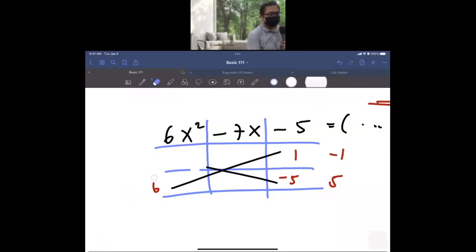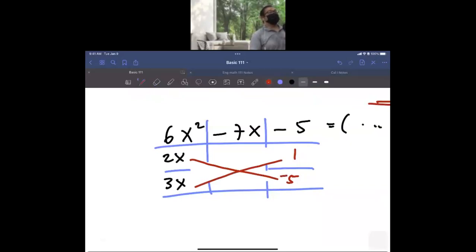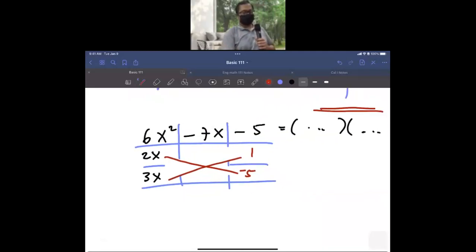So let's say we have 2x and 3x, and let's say we have 1 and -5. Maybe start with the wrong answer first. We got 10x and then -3x. It's +7. It's wrong. So maybe we can just adjust this. Make it minus this. And we get the correct answer. Really fast.